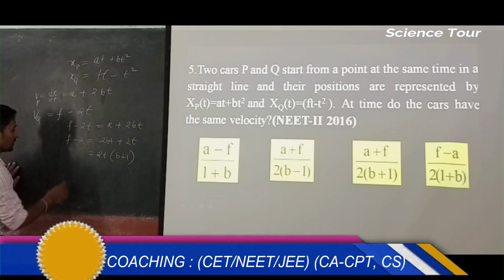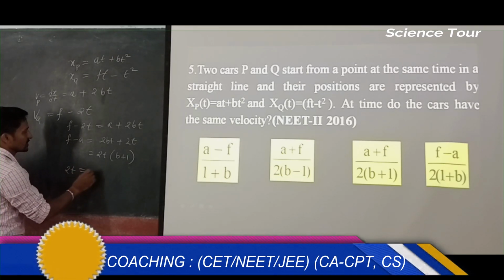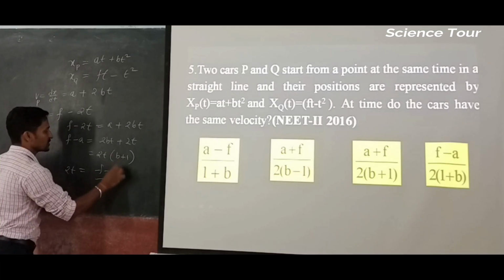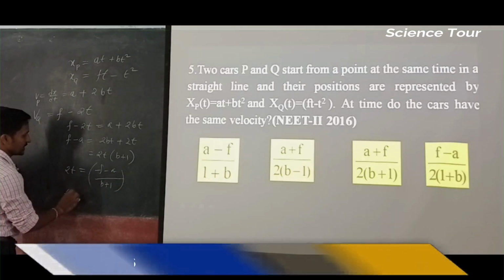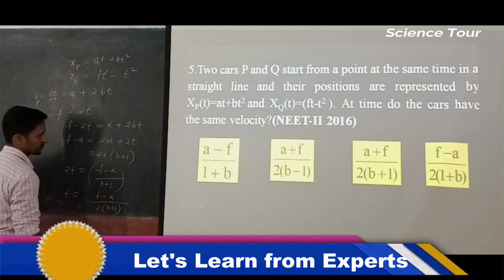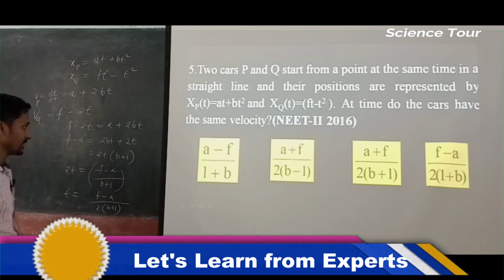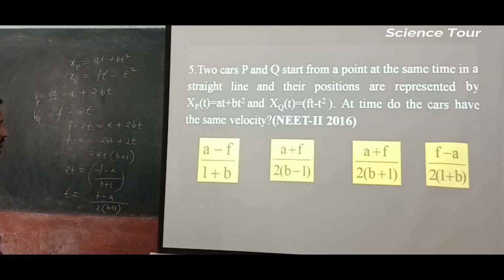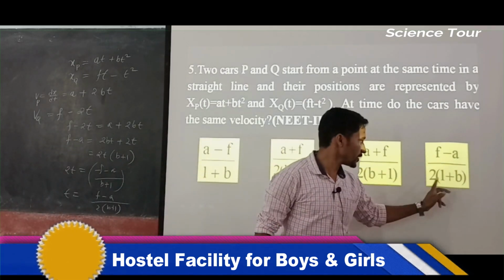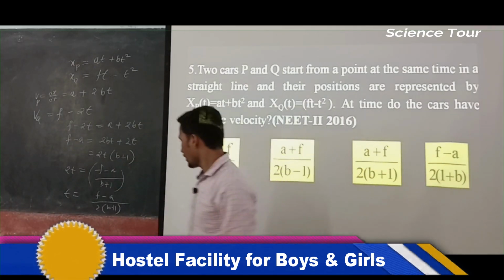So t I want: 2t is equal to F minus A divided by b plus 1, and t is equal to F minus A divided by 2 into b plus 1, that is F minus A divided by 2 into 1 plus b, or b plus 1.